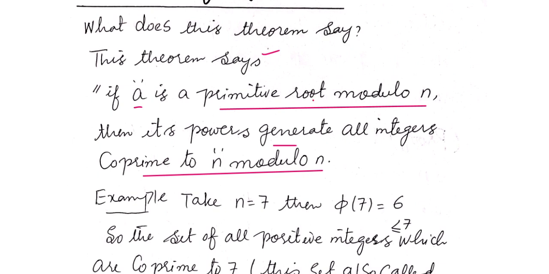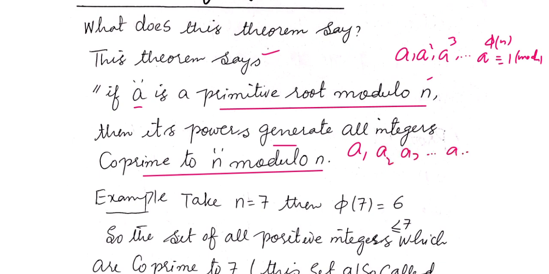If a is one of the primitive roots of n, then all powers of a, a square, a cube, up to a raised to power phi n, because the last power a to phi n will be congruent to 1 modulo n according to the definition of its order, will generate all integers coprime to n, which we have denoted by a1, a2, a3, up to a phi n.